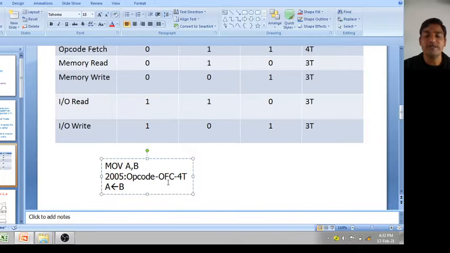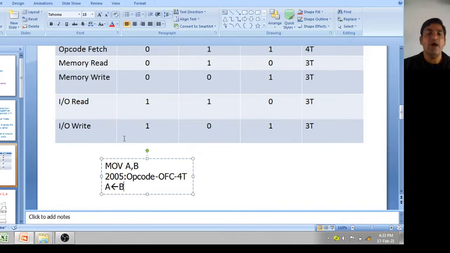So no further machine cycle will be required. In this, only 4T states are required to execute this MOV A, B instruction. And there will be only one machine cycle, and that will of course be opcode fetching.